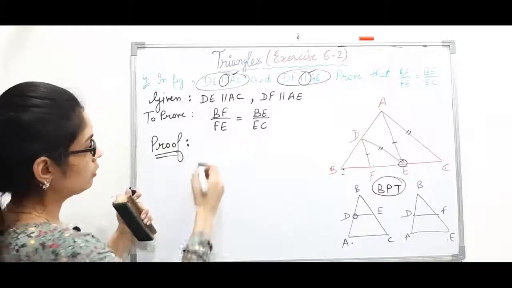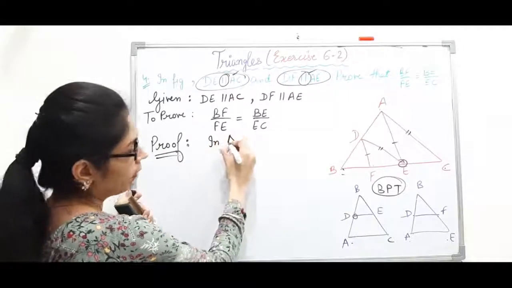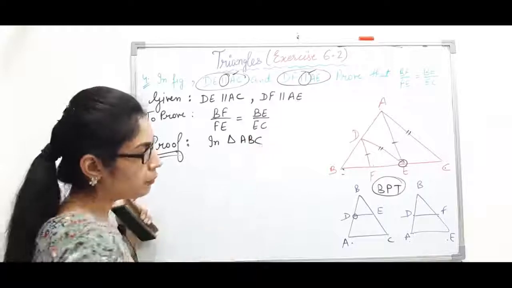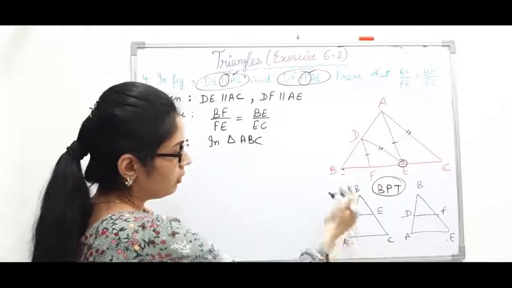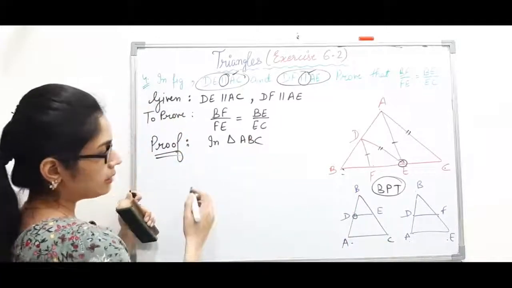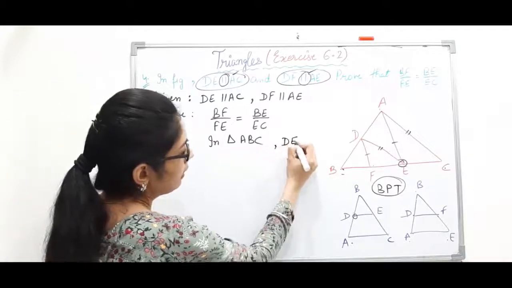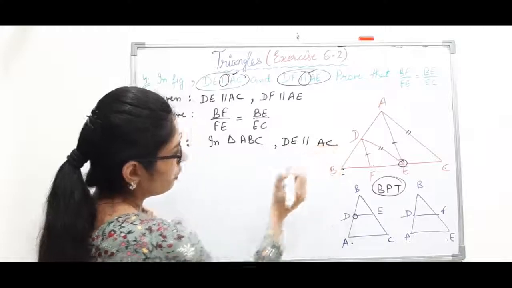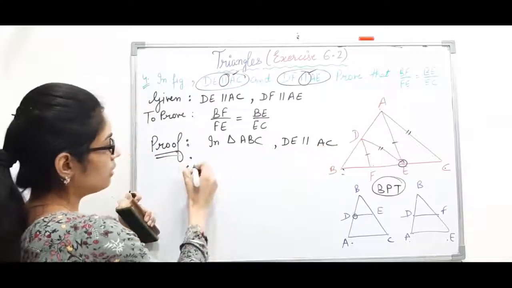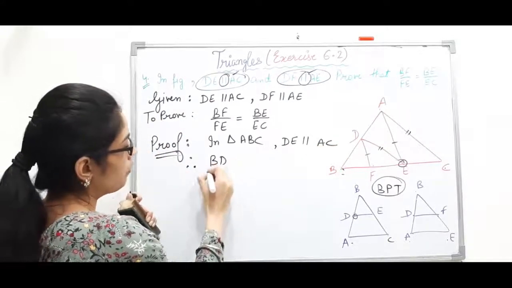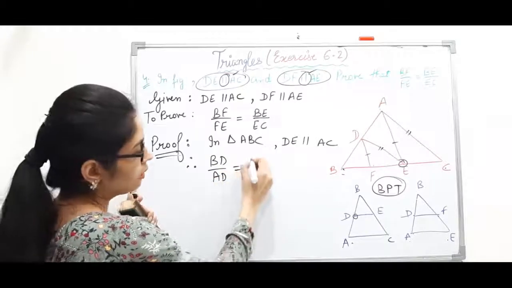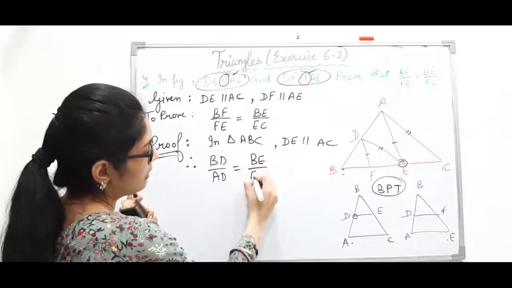In the proof, we'll mention in triangle ABC. Any name you can write, BAC also you can write, ABC, everything is same. So we can write in triangle ABC, DE is parallel to AC because it is given to us. So therefore BD upon AD is equals to BE upon EC.